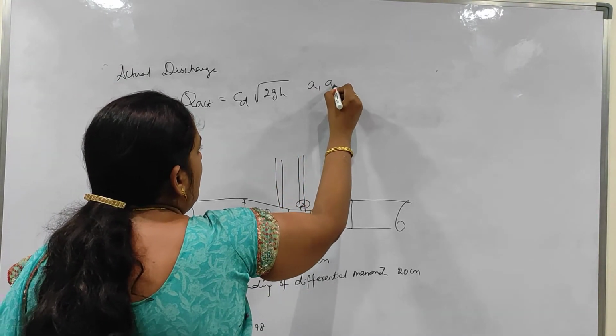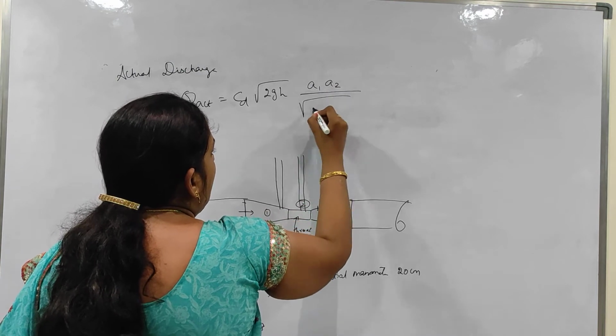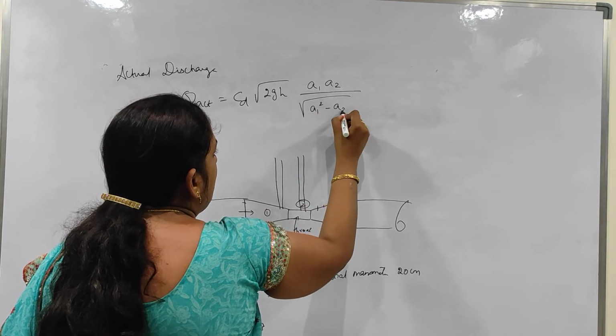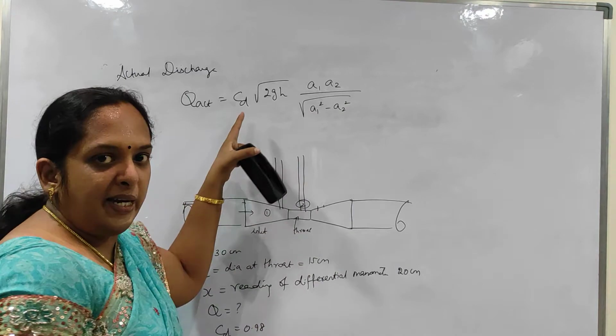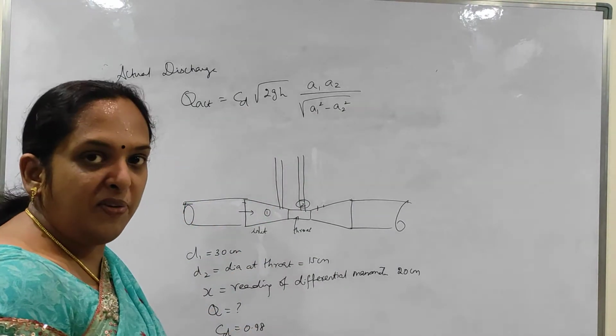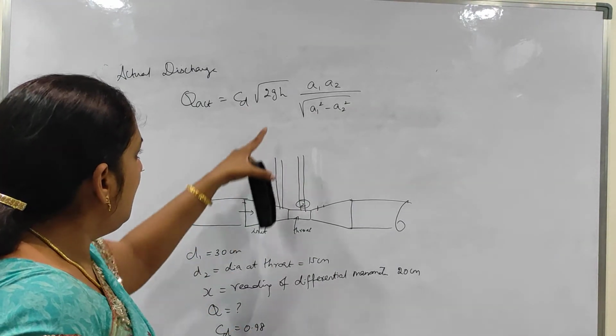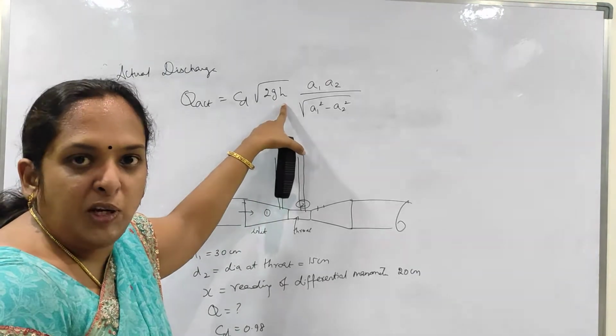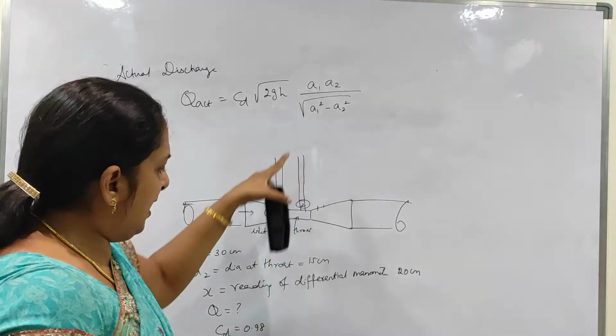CD is given in your problem, the coefficient of discharge of the venturimeter. G we know. H we know. A1 we know. It is the area of the inlet.